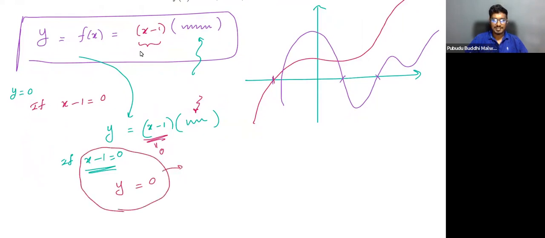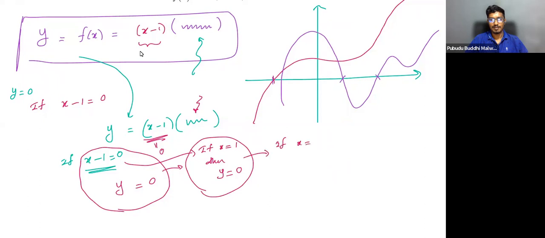Which means if x minus 1 equals 0, I can move that 1 to the other side. If x equals 1, then y equals 0. In other words, if x equals 1, the function value f of 1 equals 0.